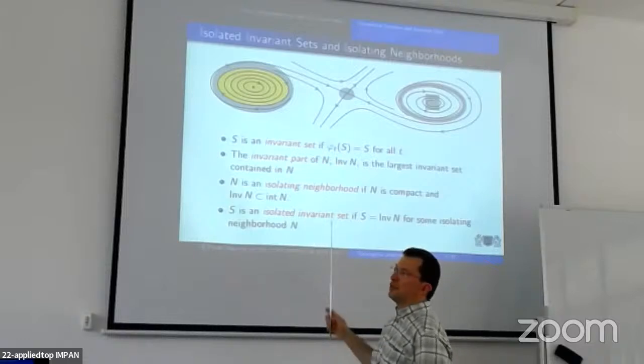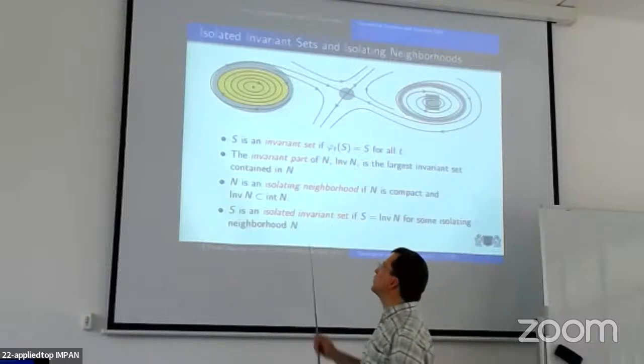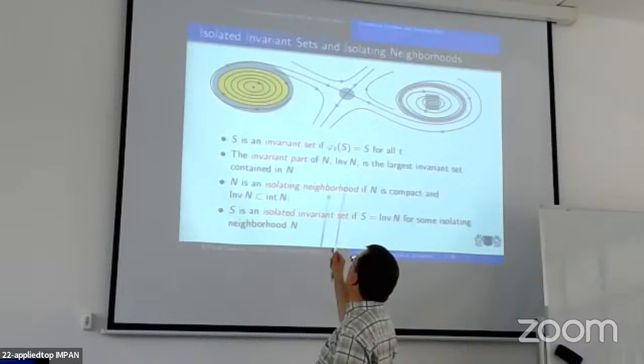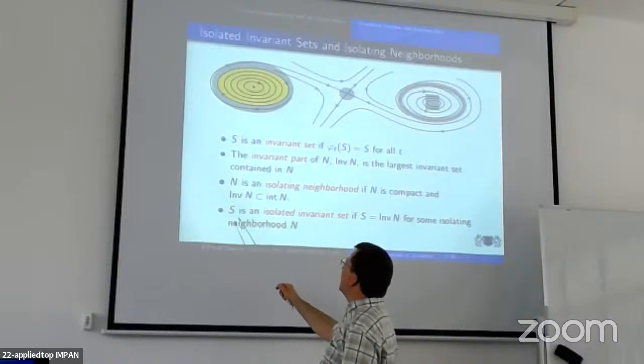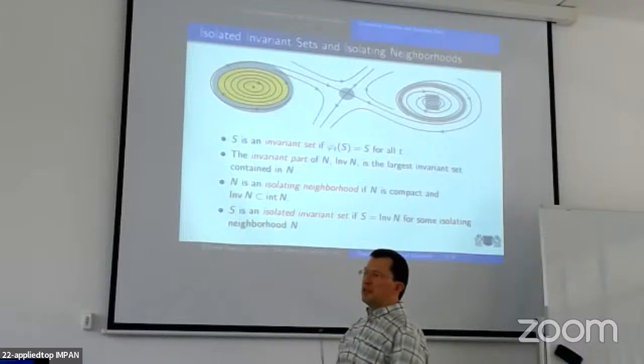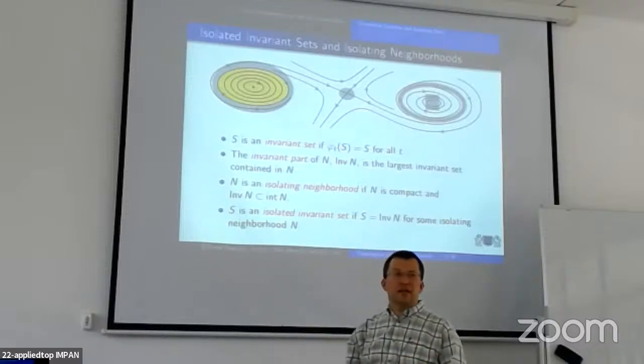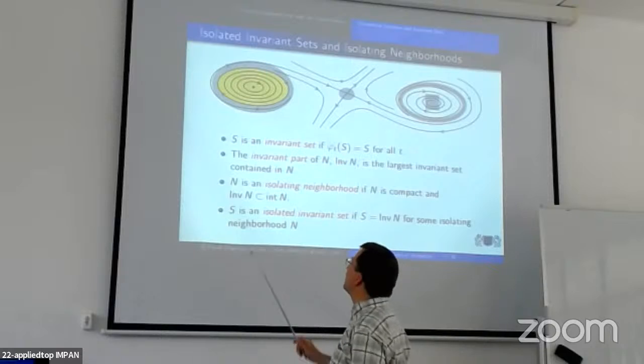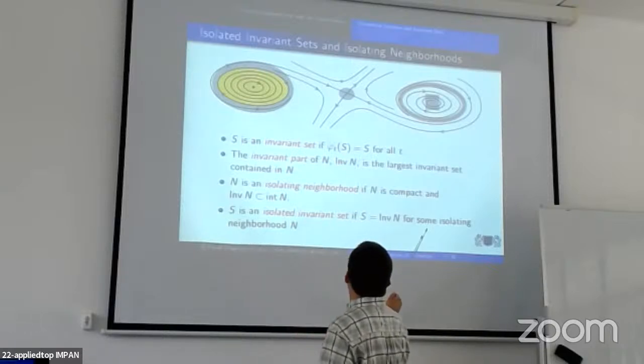And this is the notion that is traditionally used in this part of maths. And we say that some set is an isolated invariant set if it is not just an invariant set, but it is isolated by having some isolating neighborhood.